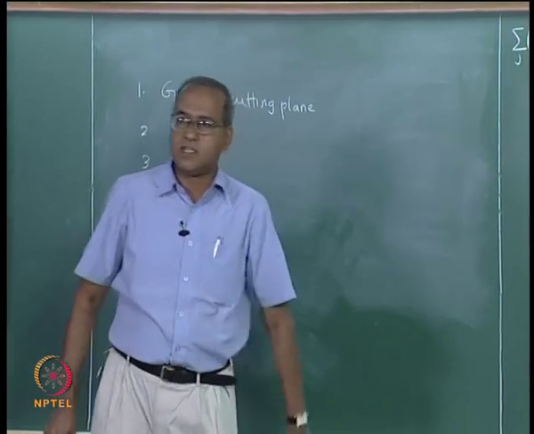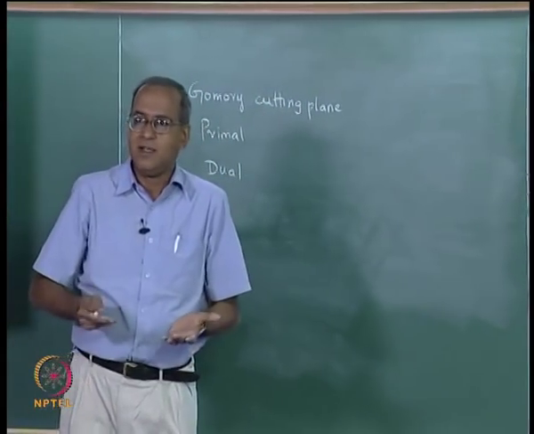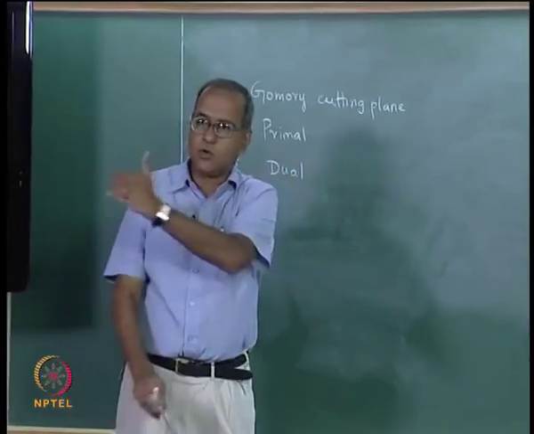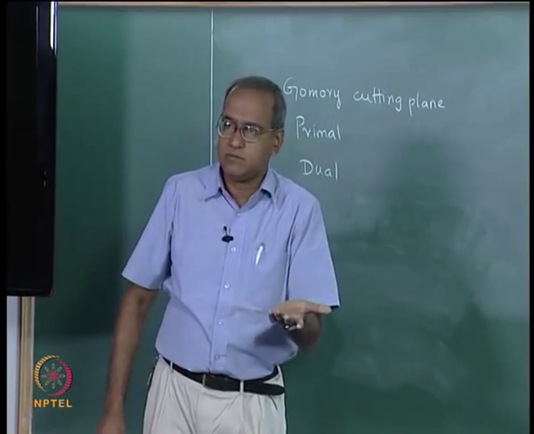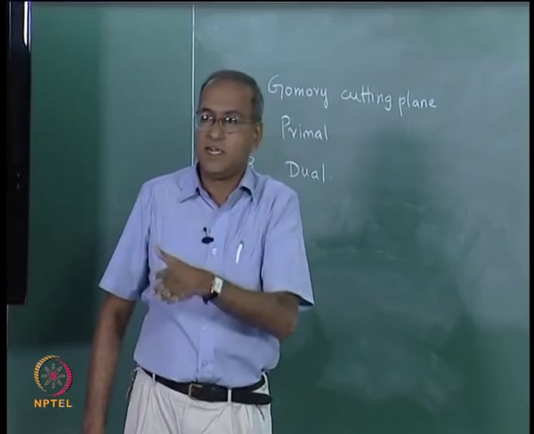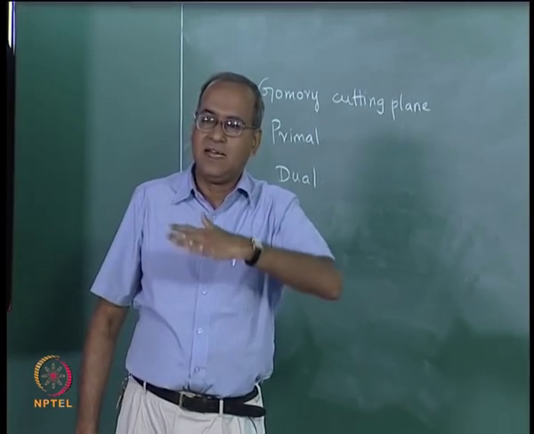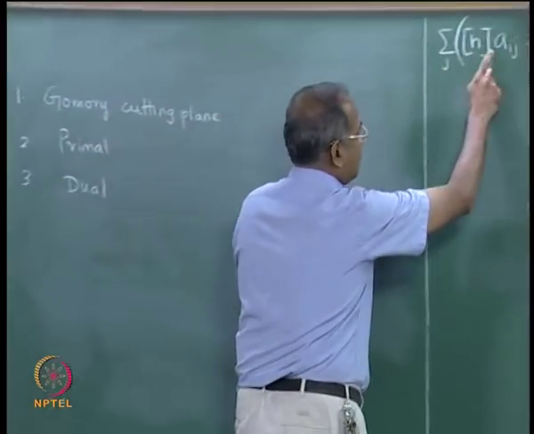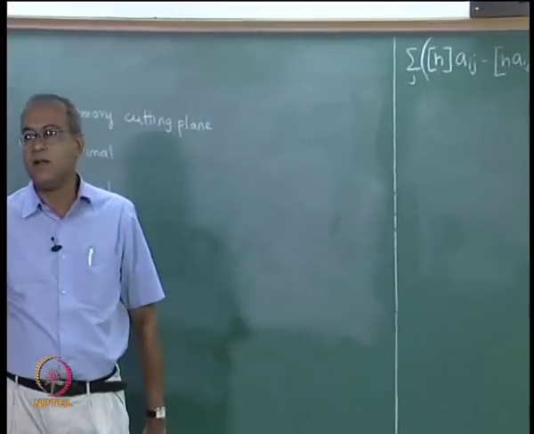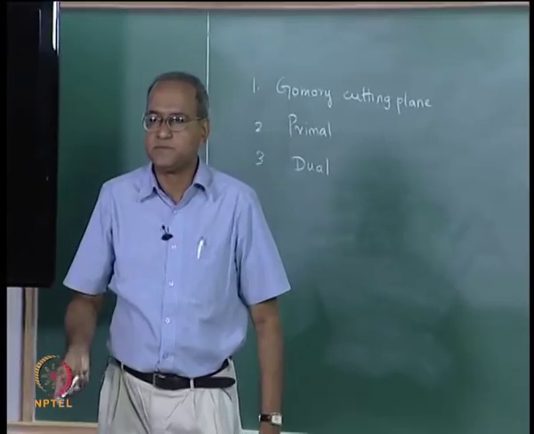And we also saw that from an LP solution, if we directly take a source row which has a fractional value, and it should have an integer value at the optimum, and use that source row directly here and put h equal to 1, we get the Gomori cut.